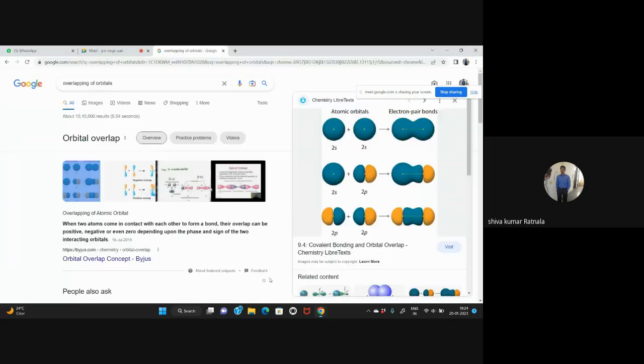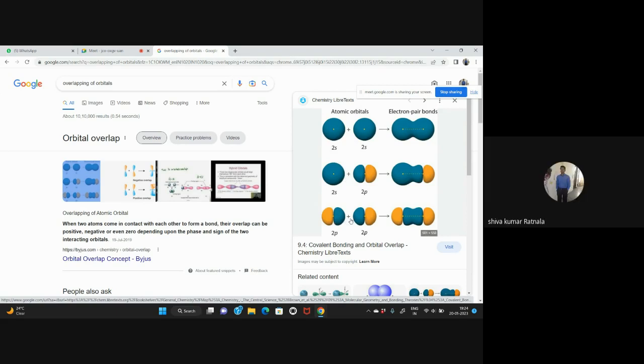So that's why we can say the electron density along this positive side is the positive lobe, and this is the negative lobe. Now in this diagram of the p orbital, let me take the blue color one as the positive lobe and the yellow color one as the negative lobe. In this one, a positive part and a positive part get overlapped.